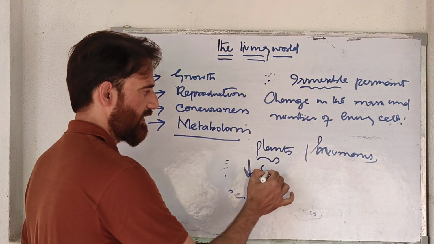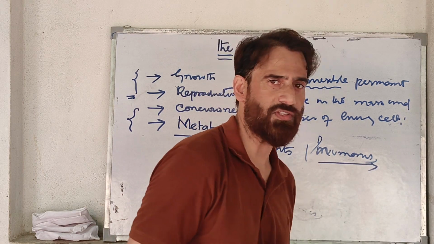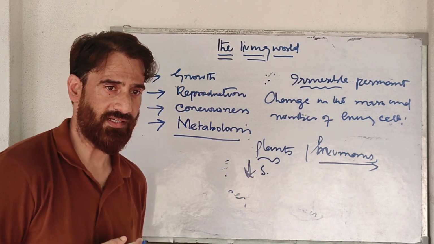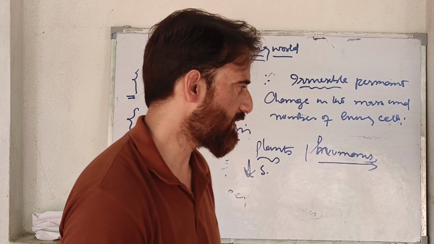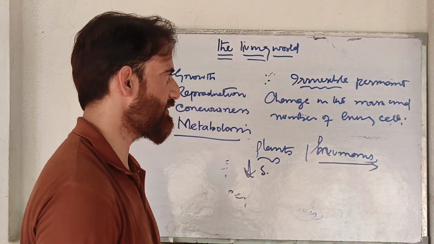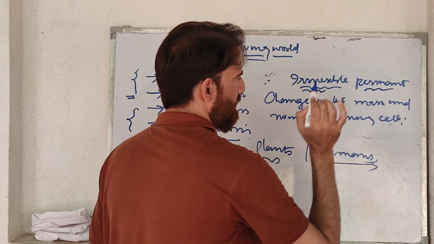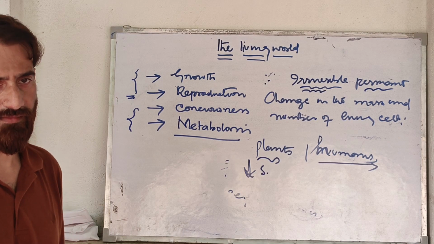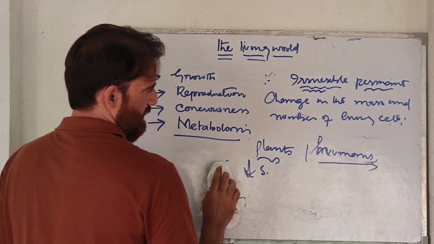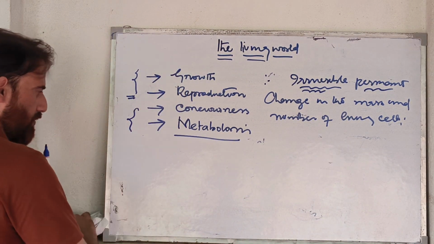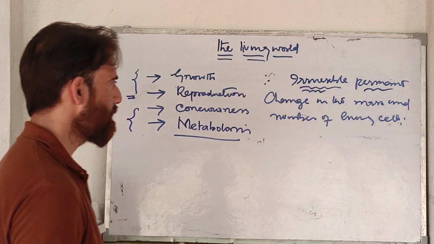There is secondary growth in plants, but in humans growth is restricted to some age. After the teenage years we cannot grow further. There is a restricted height, but weight can increase. So that is why it is called an irreversible permanent change in the mass and number of living cells of living organisms. I have given you the example that plants show unlimited growth, whereas humans show restricted growth.